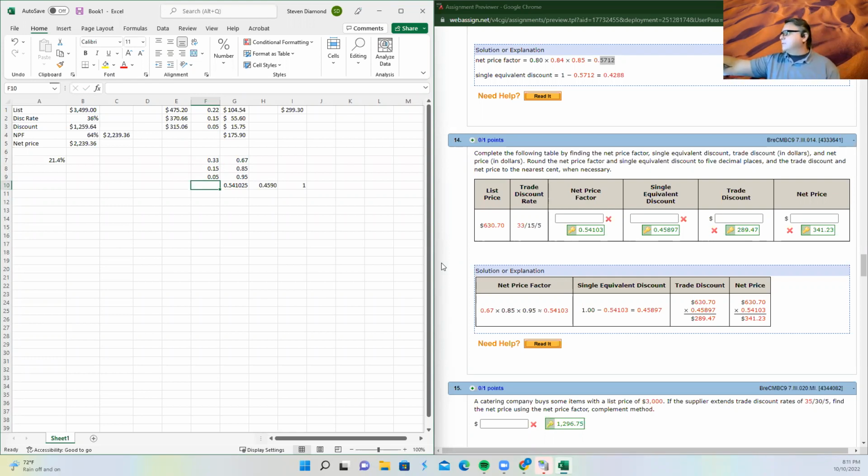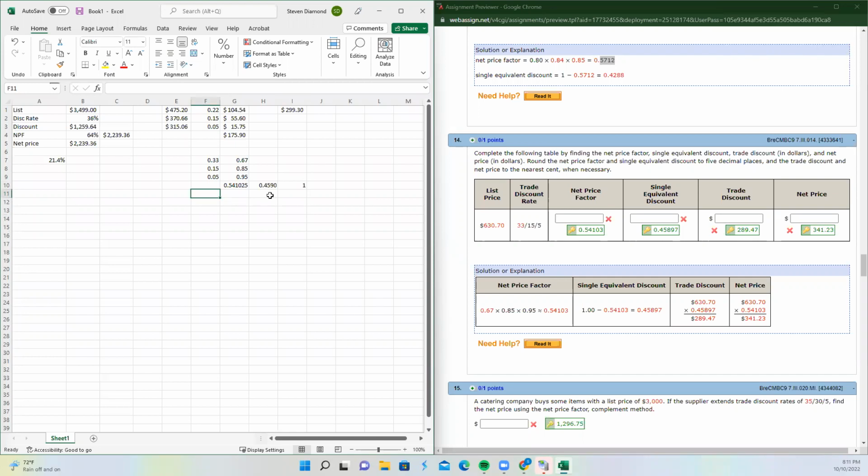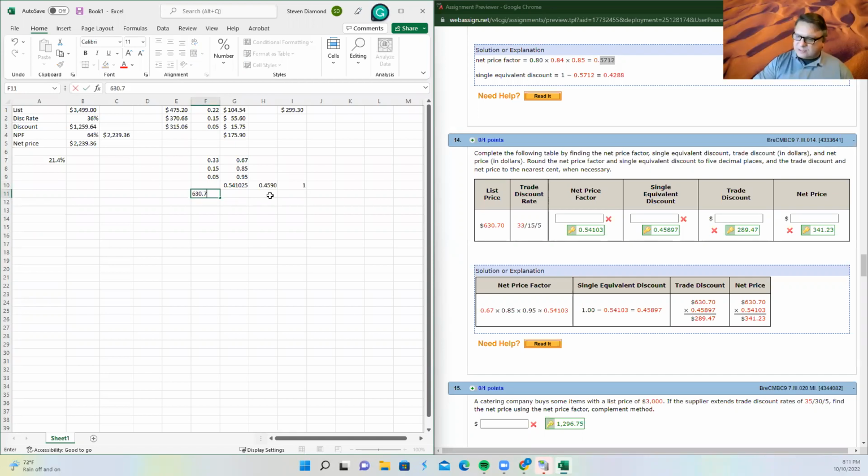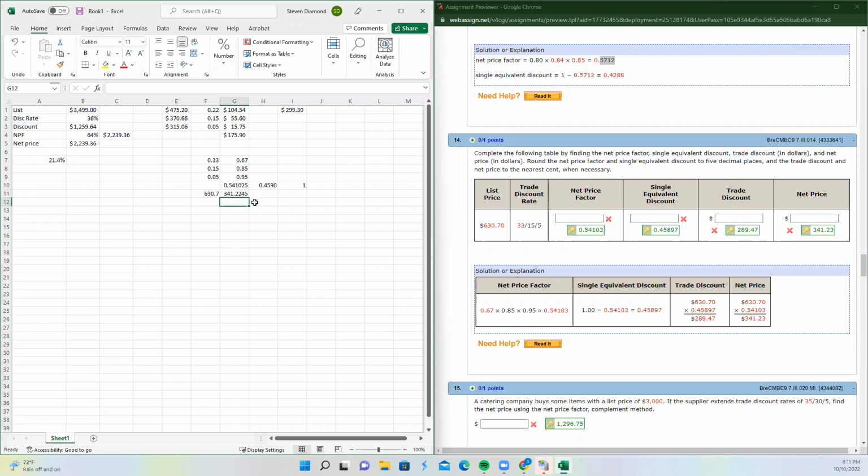Okay. Single equivalent discount 0.4590, 0.4589. So they rounded up there as well. Okay. So if our price is $630.70, I'll multiply this times this. That gives me my net price of $341.23.